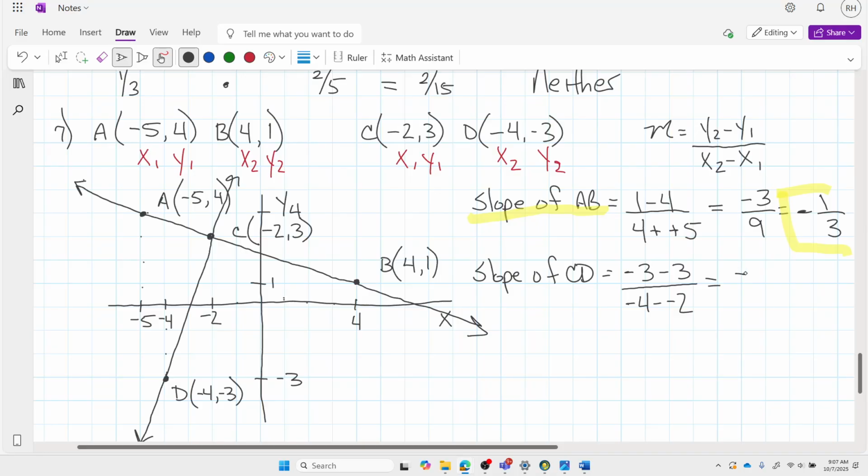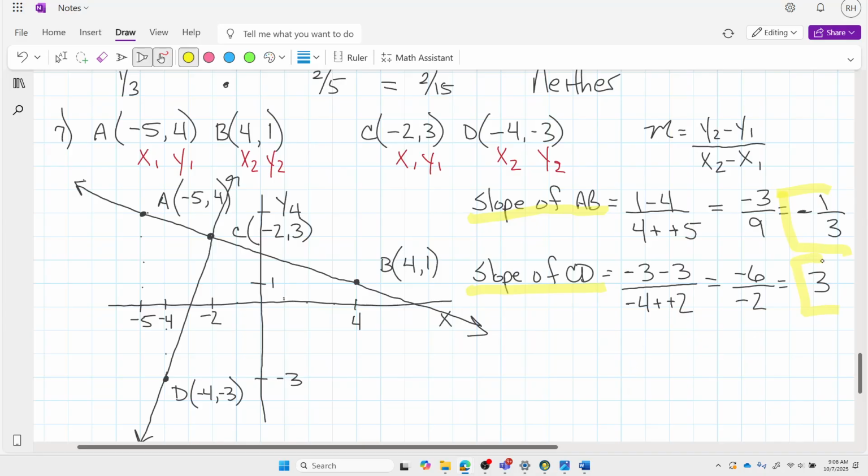Negative 6. Negative 4 minus negative 2. Negative 2. And what's negative 6 divided by negative 2? What kind of 3? Positive or negative? Positive 3. All right, so now we got the slope of line CD, and it's 3.